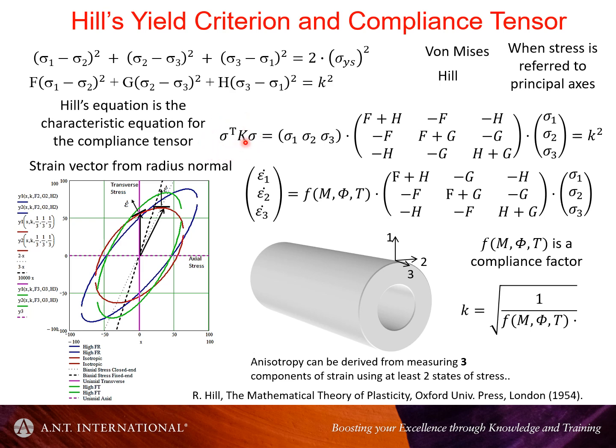You take the transpose of the stress times the tensor times the stress itself, and it gives you a value equal to whatever the k-squared is. And when you do this transposition, you actually get this expression. So Hill's yield criterion is actually the characteristic polynomial of Hill's tensor.